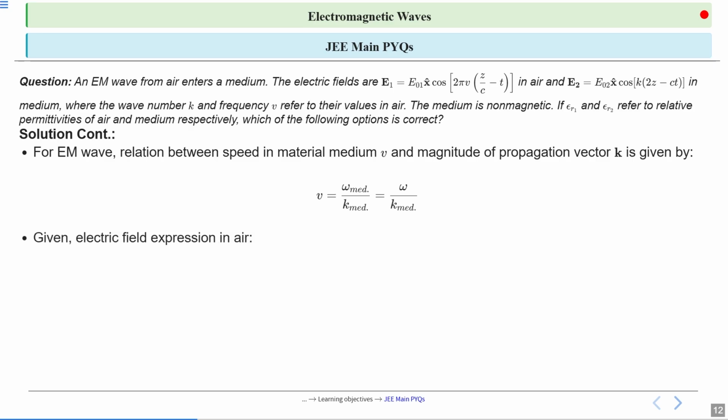Given the electric field expression in air, E1 is equal to E naught 1 x cap cos 2 pi nu (z by c minus t). Now we will convert this 2 pi nu into omega. So E1 is equal to E naught 1 x cap cos omega (z by c minus t).